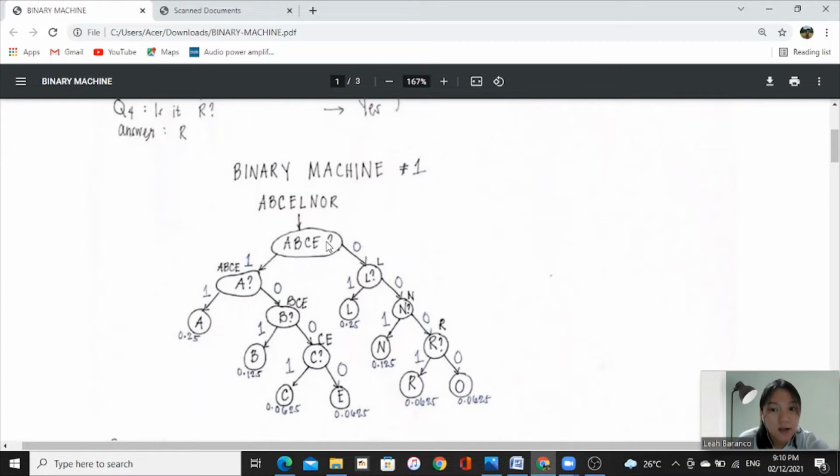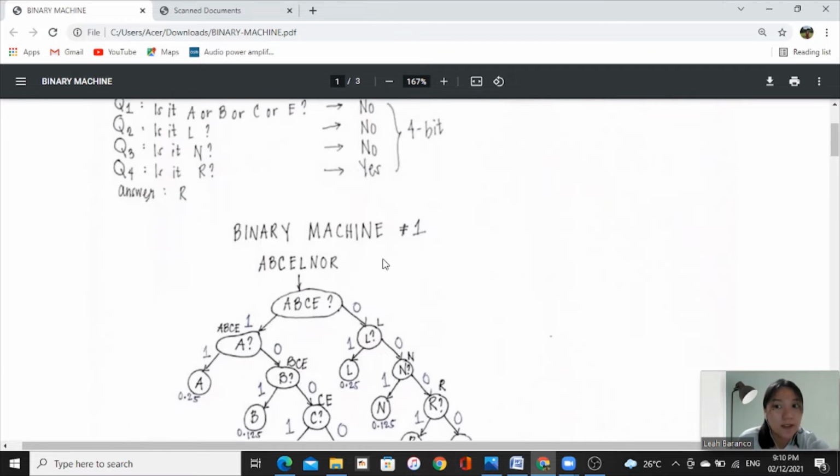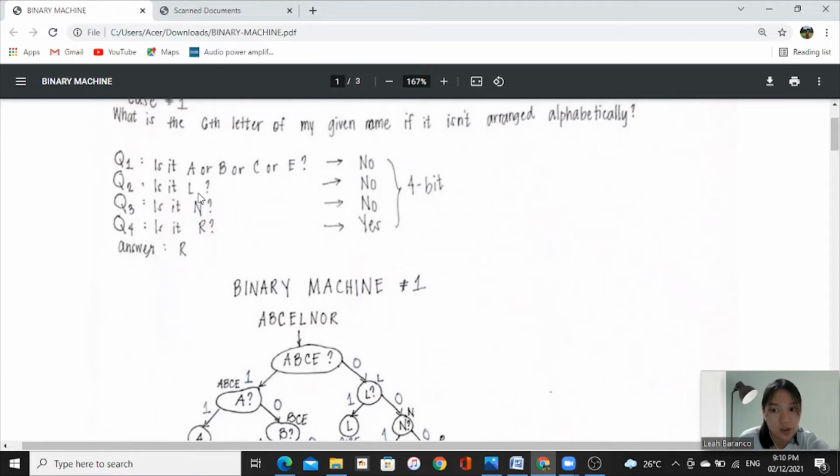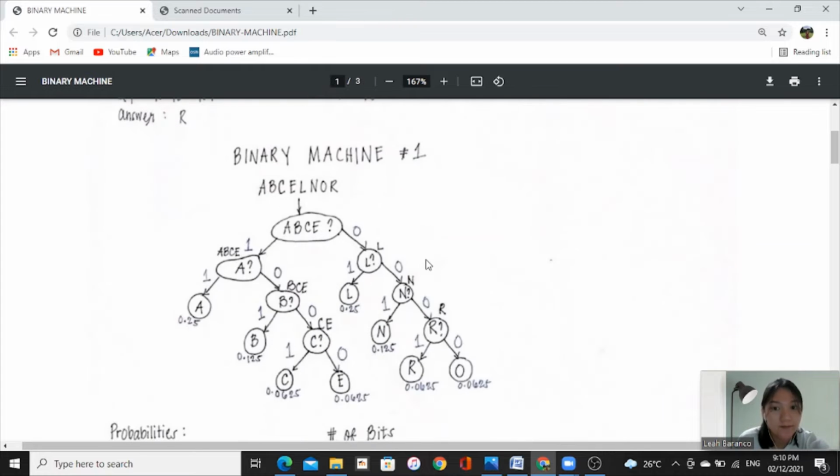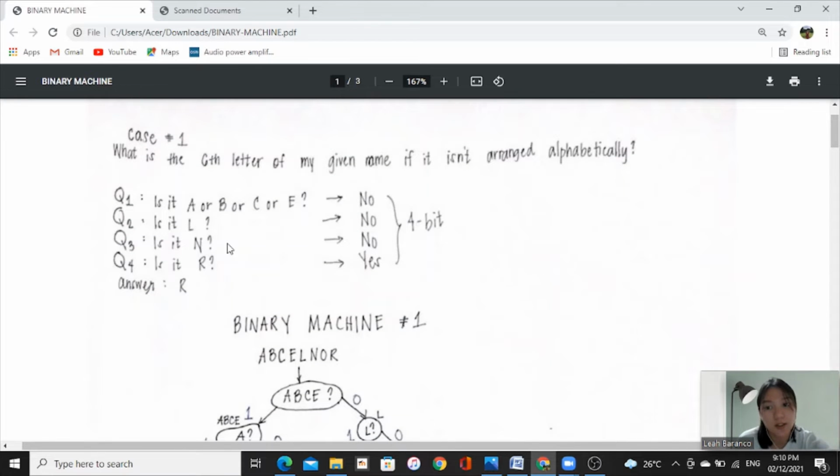And in here, if the question asked is, is it A, B, C, or E, and the answer is false, then it will automatically ask the second question, which is, is it L? And if it is true that it is L, then the value would be 0.25. If it is false, then to the next question.